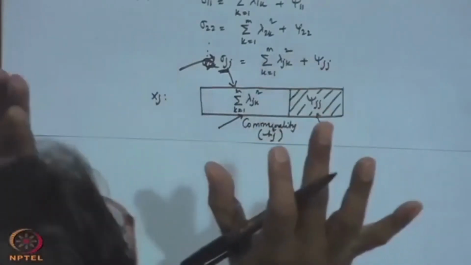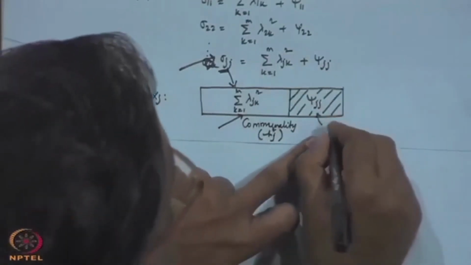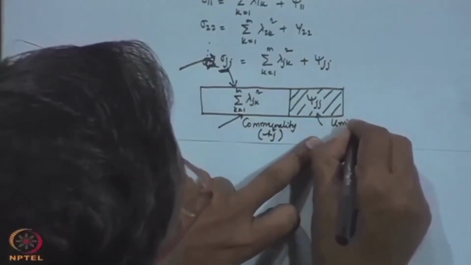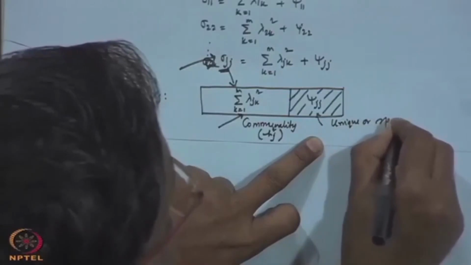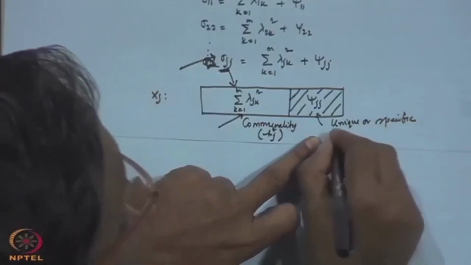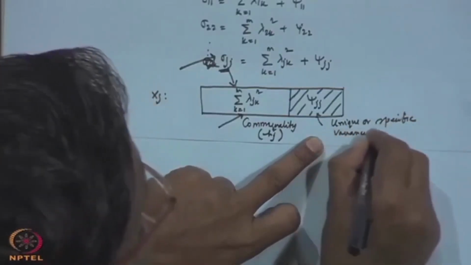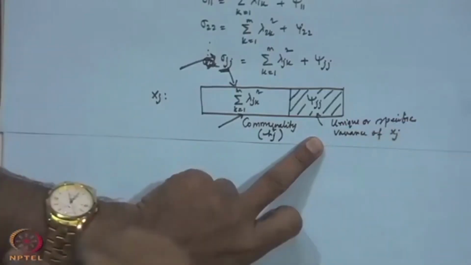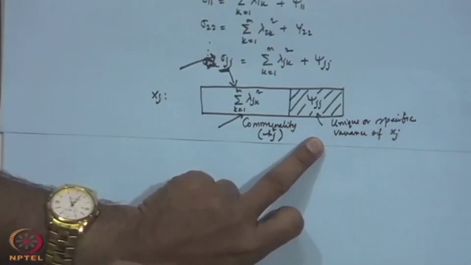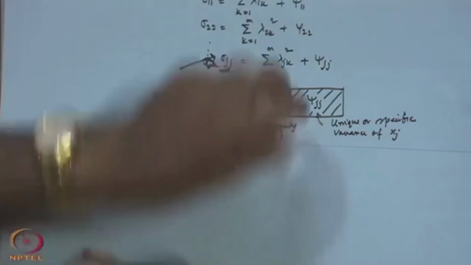This is explained by the common factors. This is unexplained, so we can say unique. We say unique or specific variance of xj. Okay, so it can be like this.